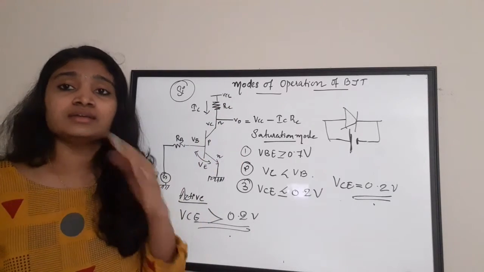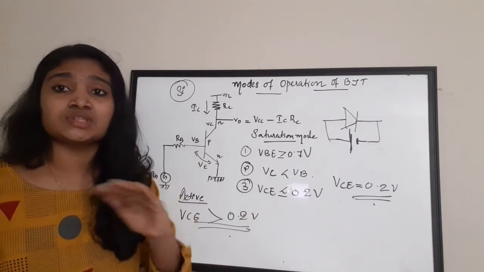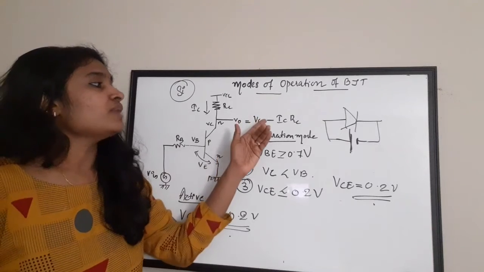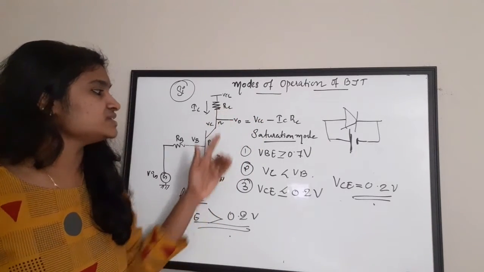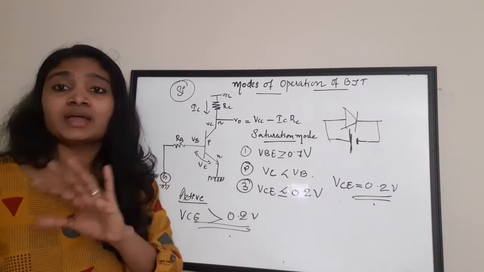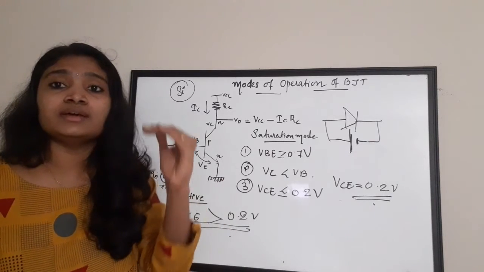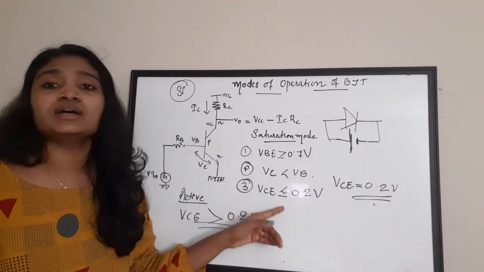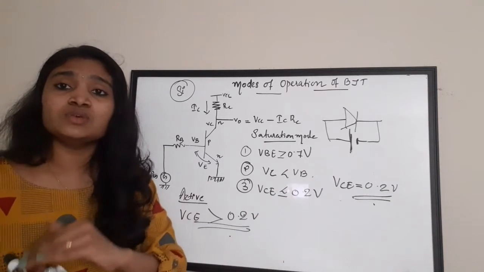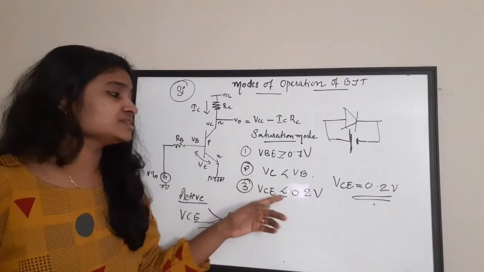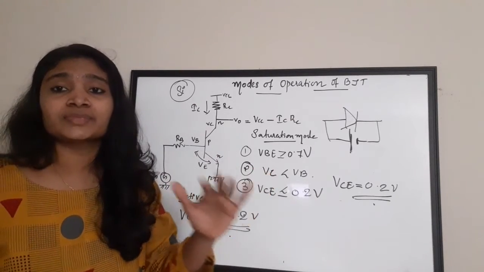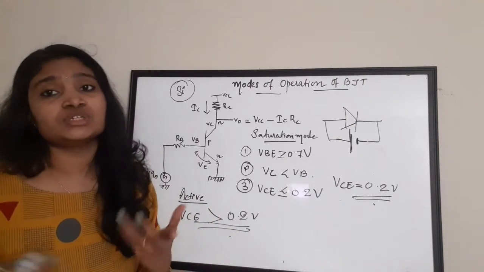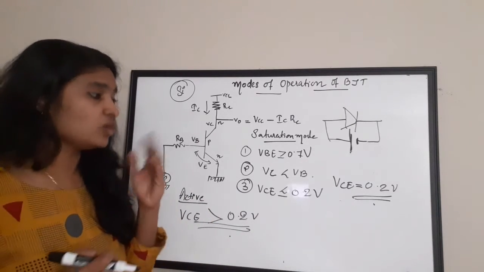Due to the increase of IC, IC reaches the saturation value, and the value of your V out or VCE will get reduced, reaching 0.2 or less than 0.2 for saturation mode. If the value is greater than 0.2, it is in the active region, or the collector current has not yet reached its saturation value.